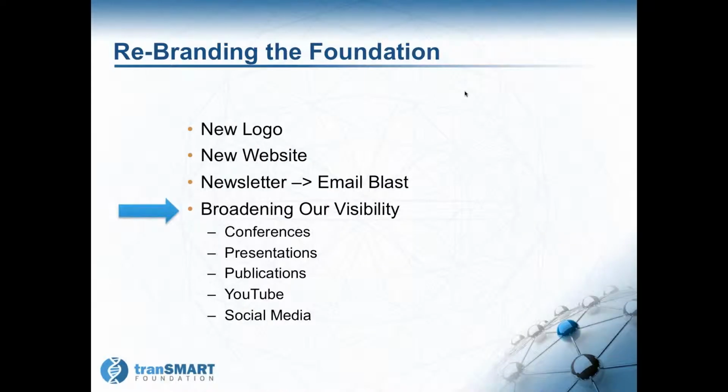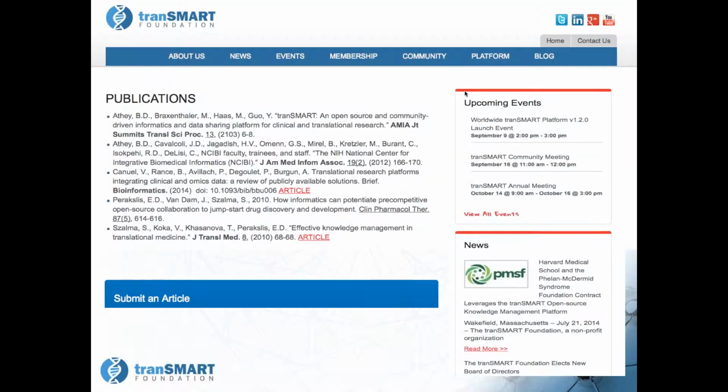And then the last piece is broadening our visibility in terms of presence at conferences, doing presentations, and really building ourselves a bibliography of what we're doing. And so, we've got a publication section on the website now where we're trying to gather up all the different articles that are published, either about tranSMART itself or about people doing science using the system, which is even more important.